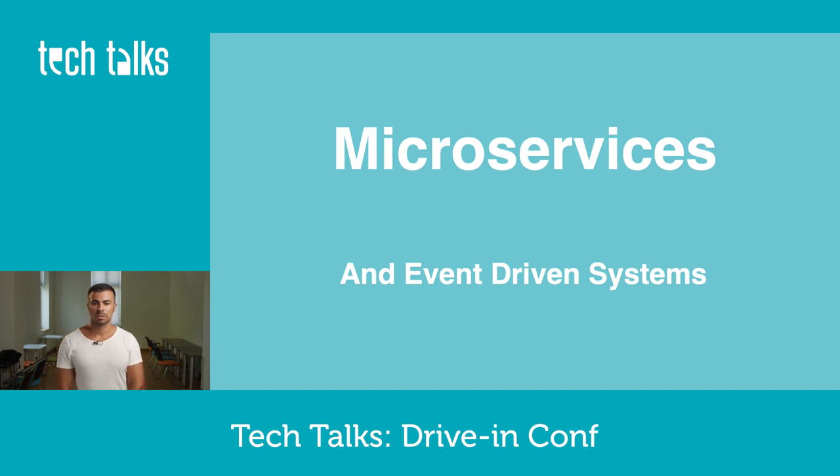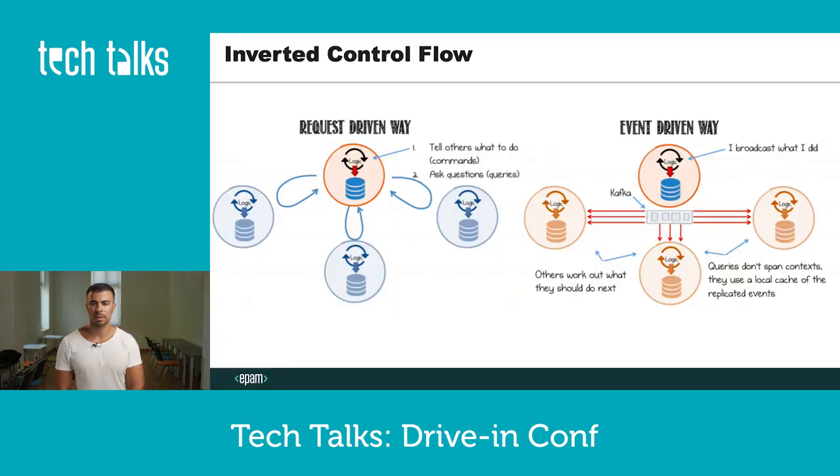So one of the most applicable scenarios for event-driven is actually combining these architectural styles, event-driven and microservices. The great thing about microservices, again, is this kind of inverted flow, which means that each microservice can operate its own logic and doesn't usually need to query other services to maintain it.